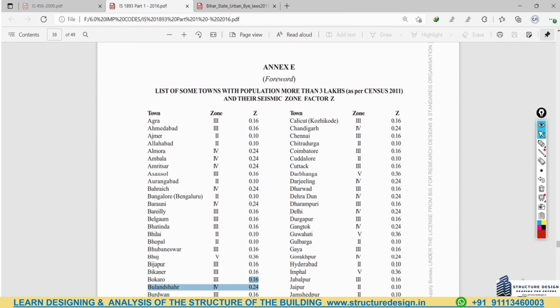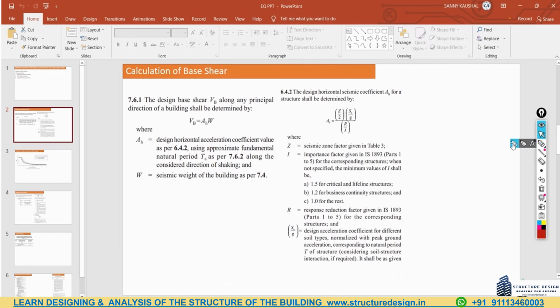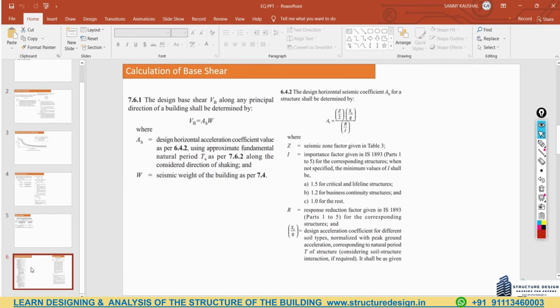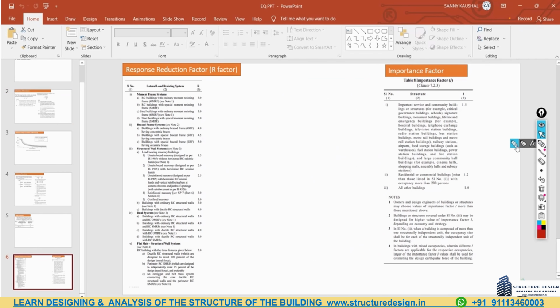Now let us come back to our PPT. We have seen how you can get the zone factor. The second important thing is the importance factor. If you come to the last page of our PPT, you will find a topic called importance factor. This screenshot has been taken from the same code, IS 1893. It is clearly written in Table number 8, importance factor.